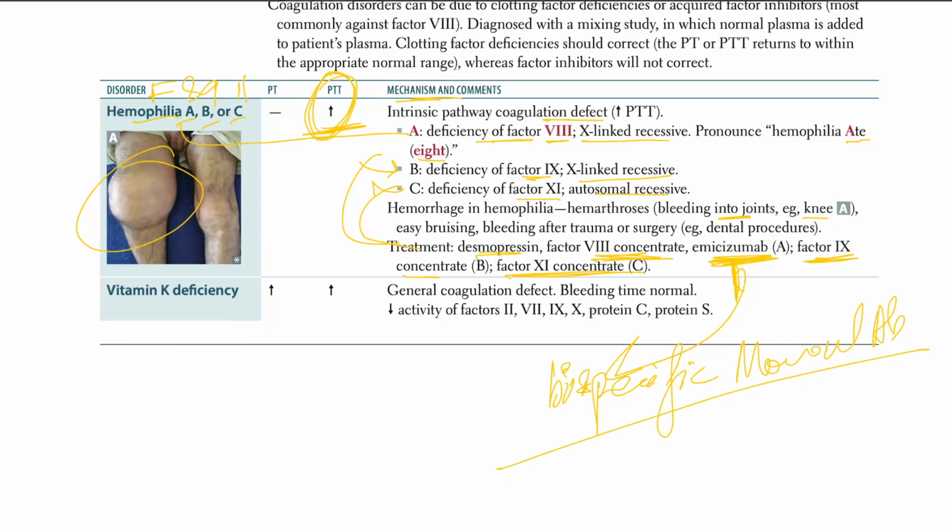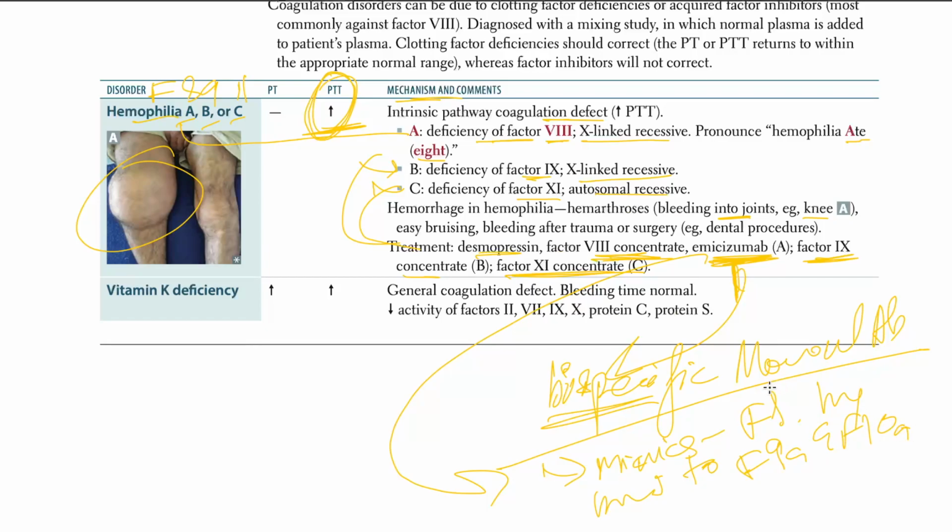What I mean by bispecific is that it mimics the activity of factor VIII by binding to factor 9A and factor 10.